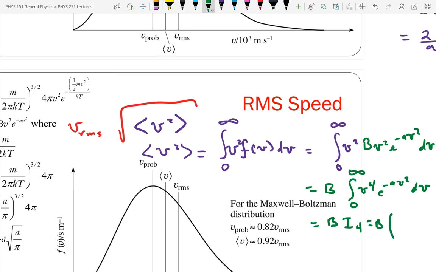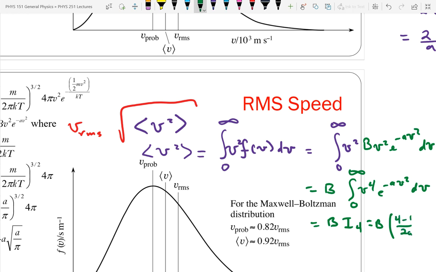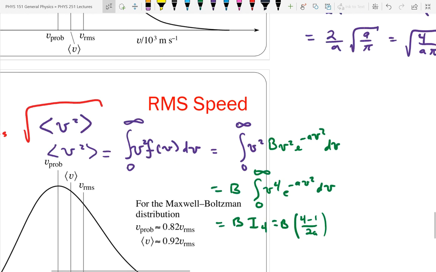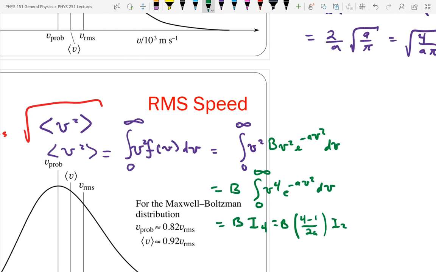is going to be 4 minus 1 over 2a times I2. Okay, here you have I0, I1, and In for any possible n. And so when I had I subscript n minus 2, I just wrote 2 here.